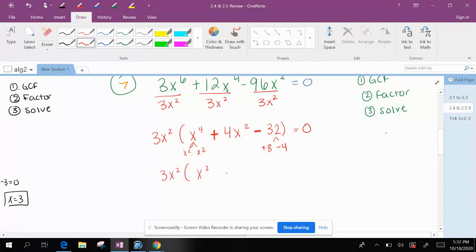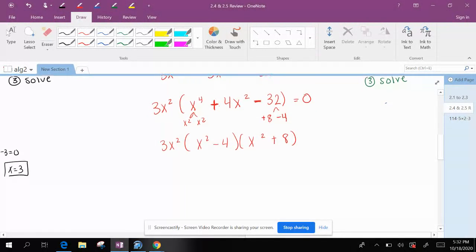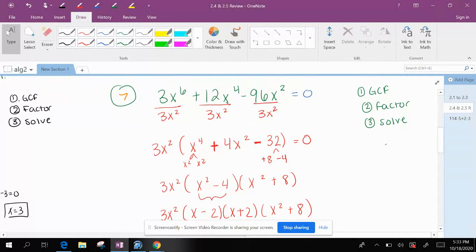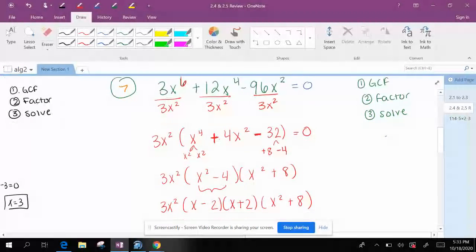So x squared minus 4, x squared plus 8. I see a difference of 2 perfect squares right here. 3x squared, x minus 2, x plus 2, x squared plus 8. My highest exponent is a 6, so I should have 6 solutions.